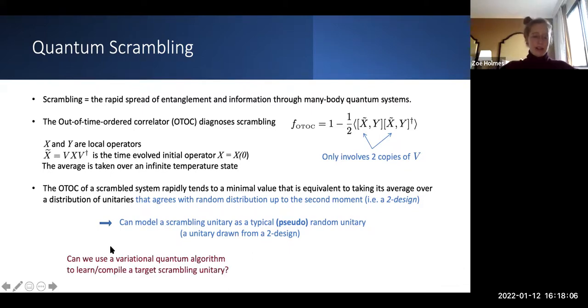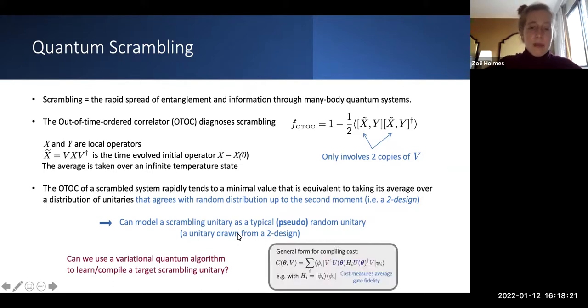Okay, and so now the question I want to ask is, can we use a variational quantum algorithm to learn, to compile, a target scrambling unitary that is a typical pseudo-random unitary, a typical unitary drawn from a 2-design? Well, how would you go about it? You'd try to use a compiling cost of the type that I set out earlier. Just recalling that you can have a cost of this form in order to try and learn a target unitary.